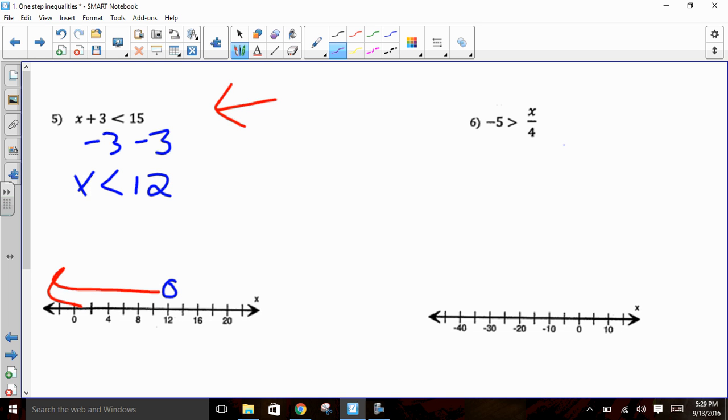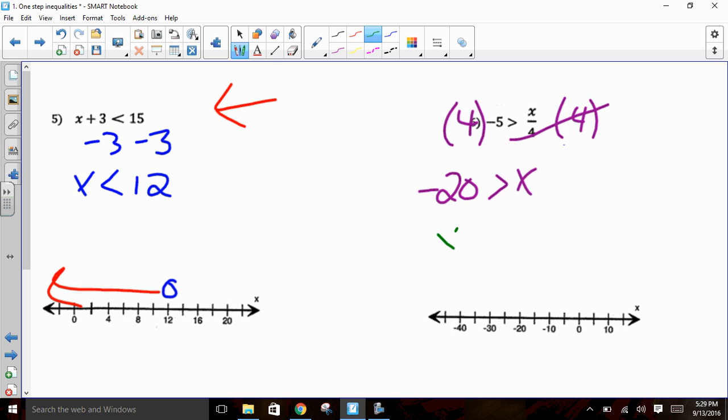Number 6, I'm going to get rid of that division by multiplication. 4 times 5 gives me -20. I have -20 is greater than x, so I notice I need to rewrite that expression because I don't know which way my arrow is going to go yet. So I have x, I have -20. I notice that my -20 is going to be larger than x.